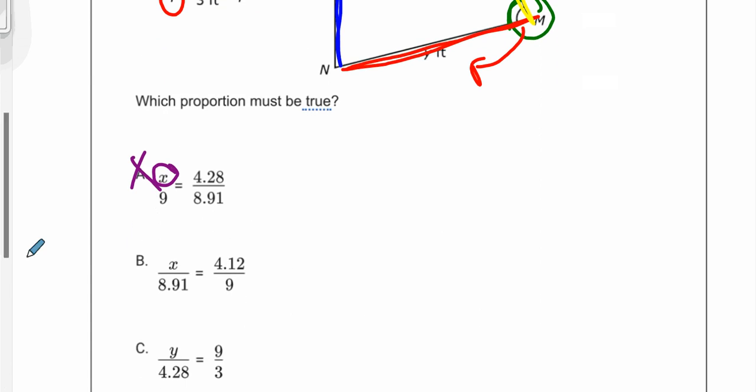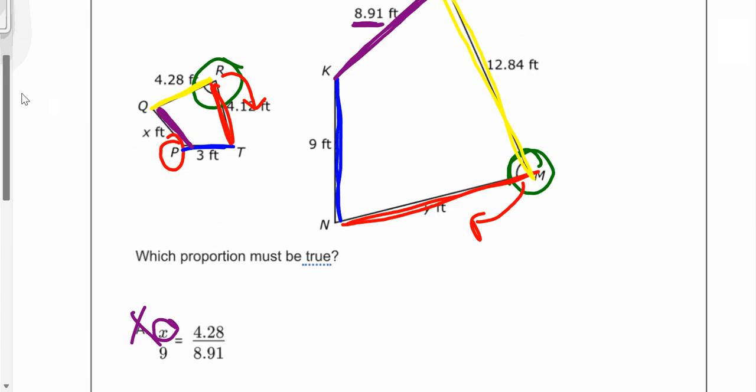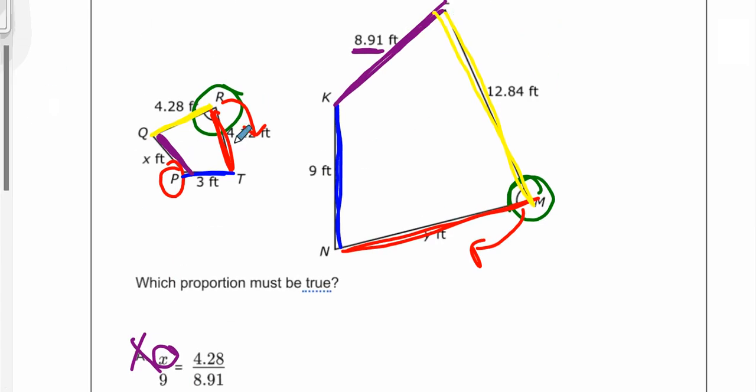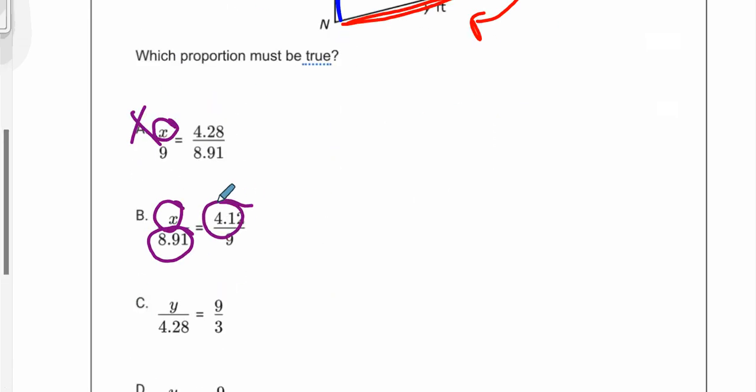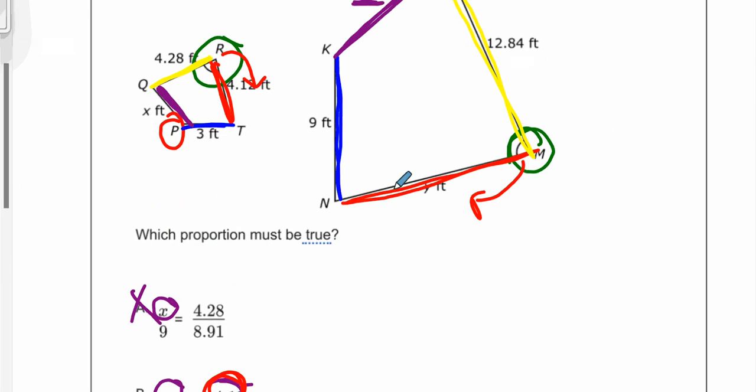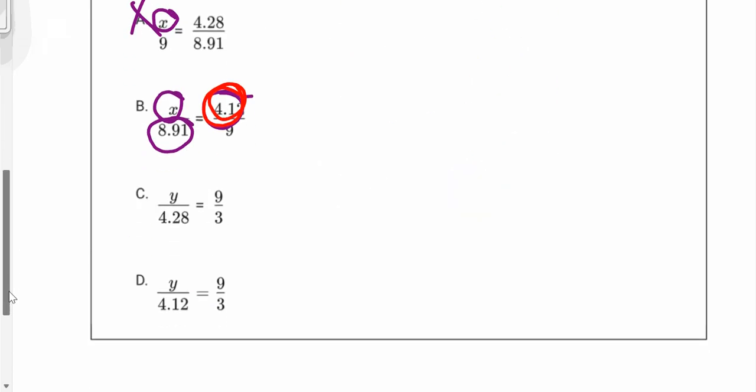Okay, B, I can see x and 8.91. And let's see, 4.12 can go with x. That's my red side, so I'm going to switch to red. Oops. Okay, and 4.12 has to go with the side that I highlighted with it. So that was my red side, so that can't be my right answer.